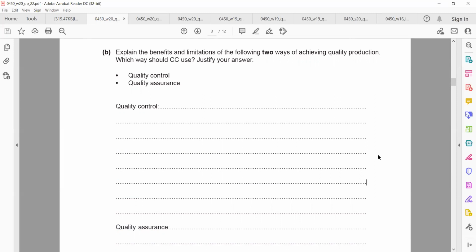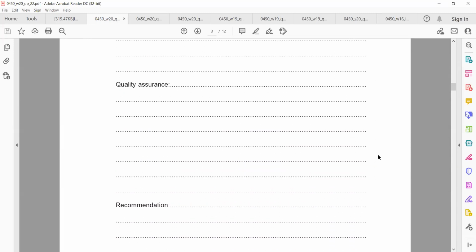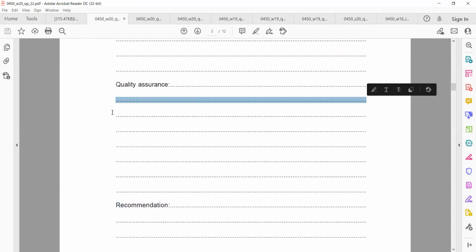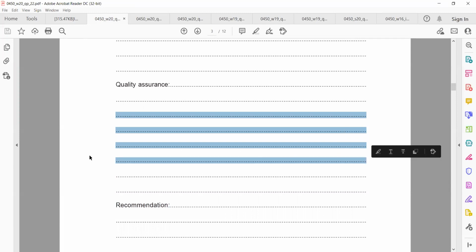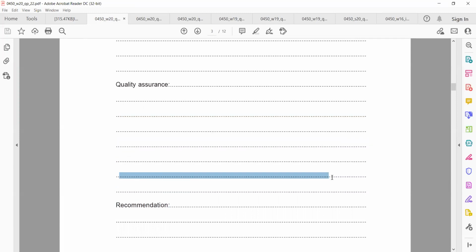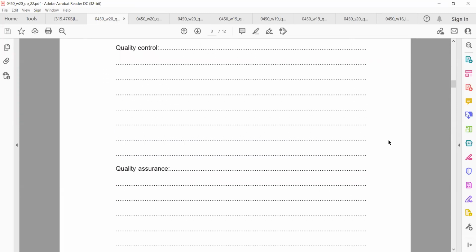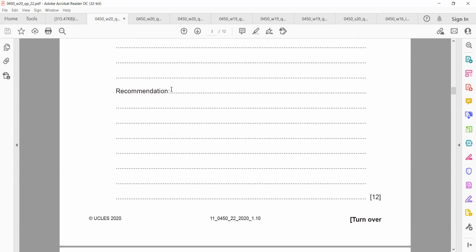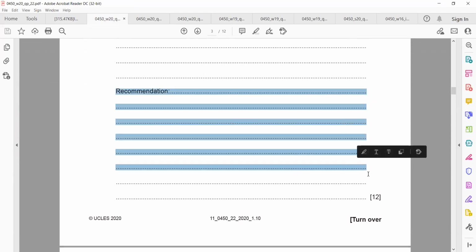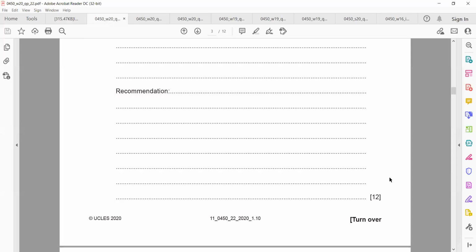Total 4. Quality assurance, 1 knowledge plus 2 analysis plus 1 application. 4 marks. 4 plus 4, 8. Recommendation, 3 evaluation, 1 application. So 4, 4, 4, 12.